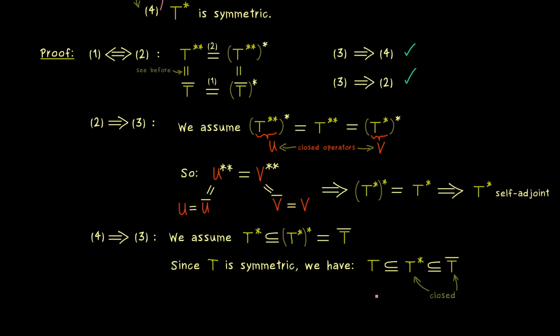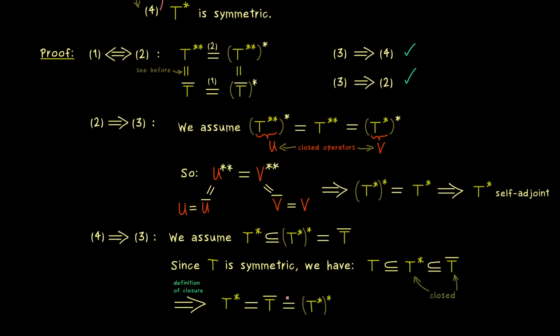But most importantly, you should know that the closure is always the smallest possible closed extension of an operator. Hence we immediately get that T star has to be equal to T bar. And this equality is all we need to show the self-adjointness, because we already know that the closure is always given by the double adjoint.